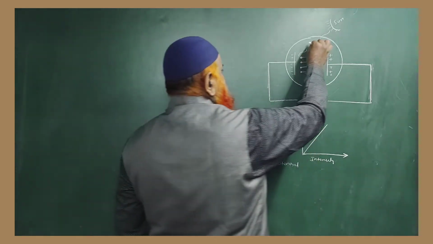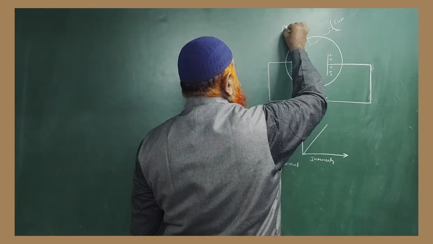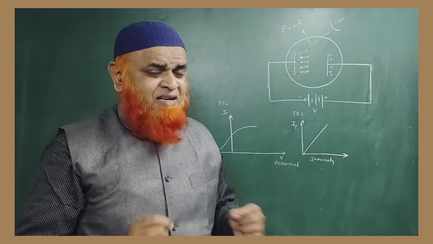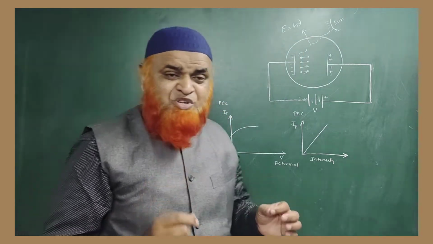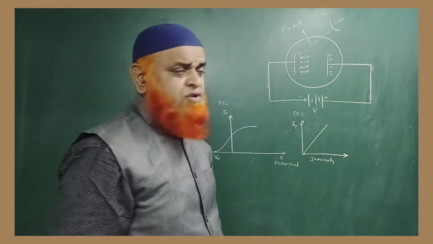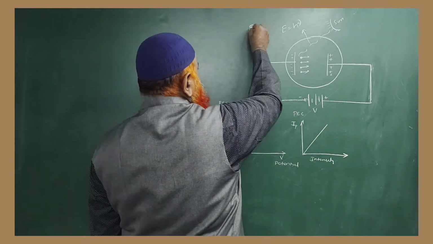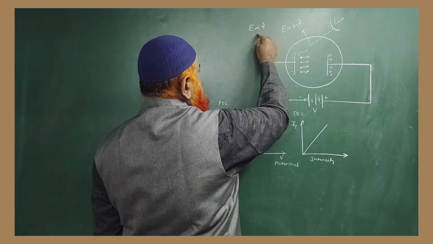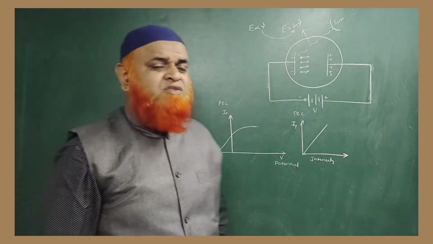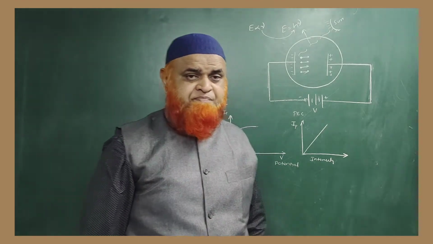And you all know that the energy of each and every photon is given by h nu according to Planck. E is equal to h nu, because energy is directly proportional to frequency. If you remove the proportionality, you'll get a constant which is called Planck's constant, h.